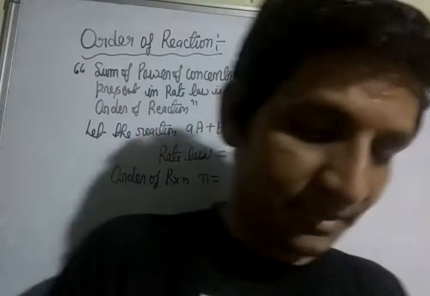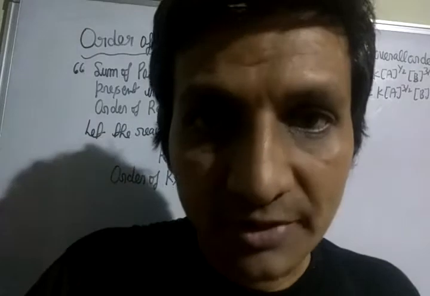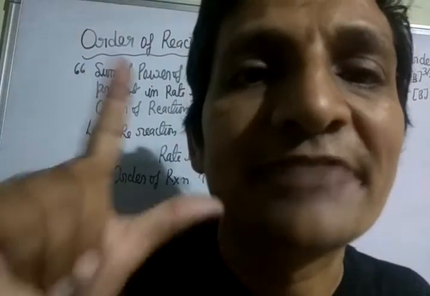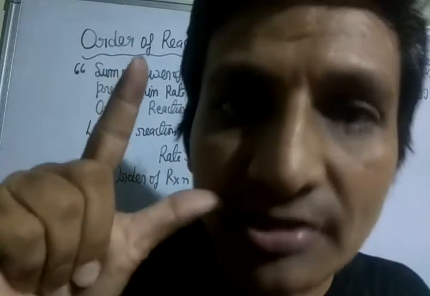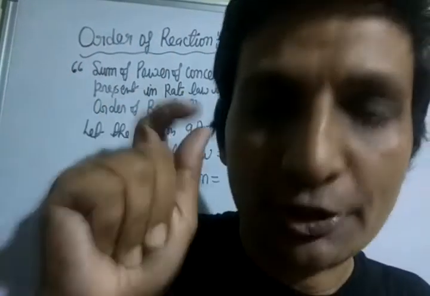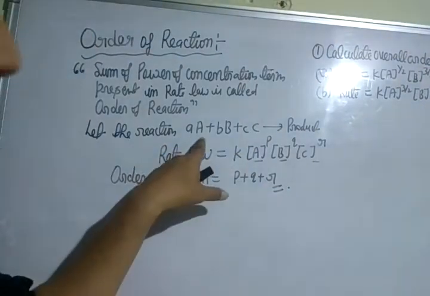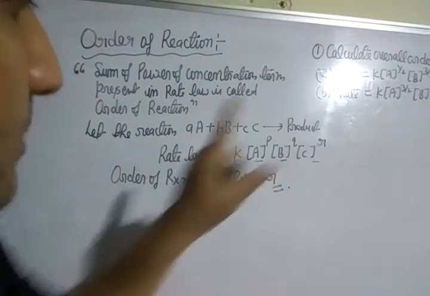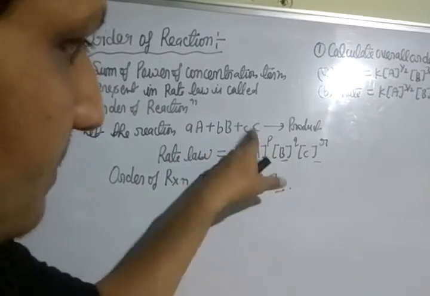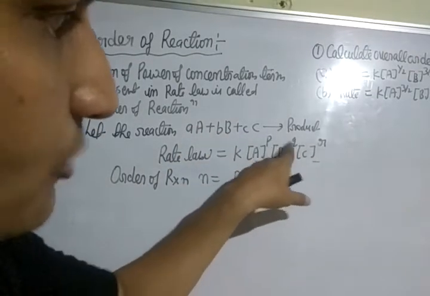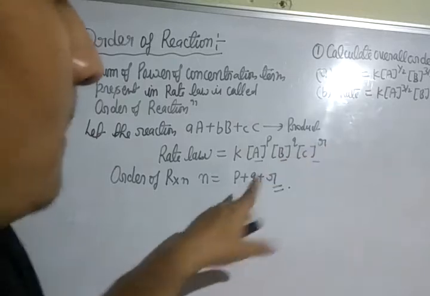Okay students, I am telling you once again what is order of reaction. Sum of power of concentration term present in rate law is called order of reaction. Let us consider the reaction aA plus bB plus cC gives product. So rate law is K, concentration A, concentration B, concentration C, where P, Q, R are determined experimentally.